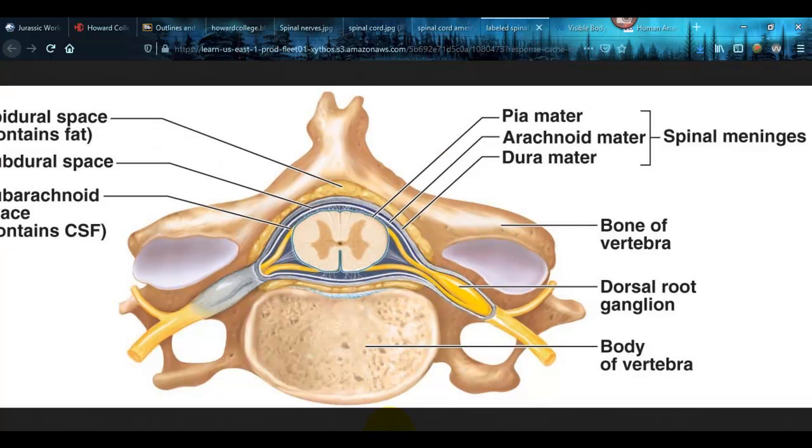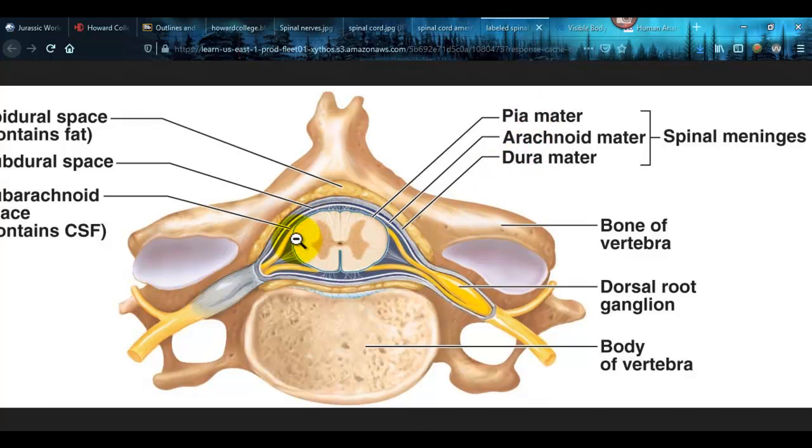Here, I can kind of get closer. The first thing, these are the meninges. The dura mater is this outside layer. The arachnoid mater is called a middle layer, this lighter blue here, and then you actually have a space in between the arachnoid and the pia mater.